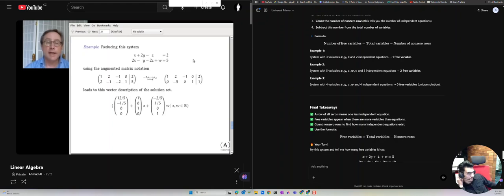Just to have a second example, there's nothing special about this example so much, just a simply different example illustrating the same thing. Here's a system, and I can write it in this augmented matrix form.